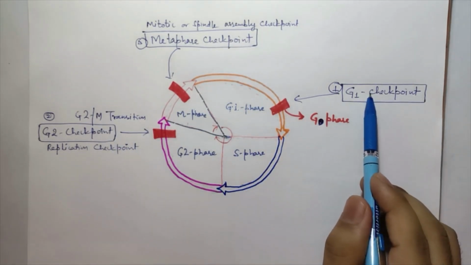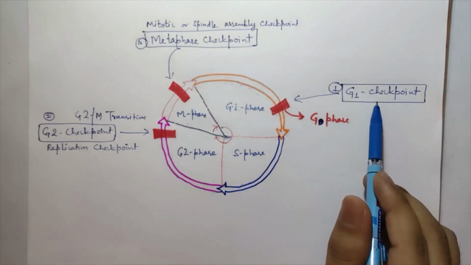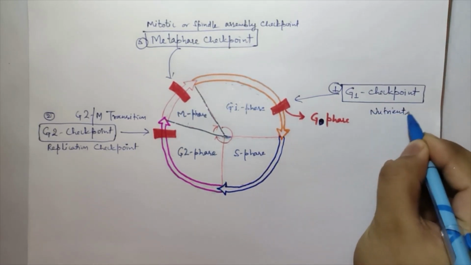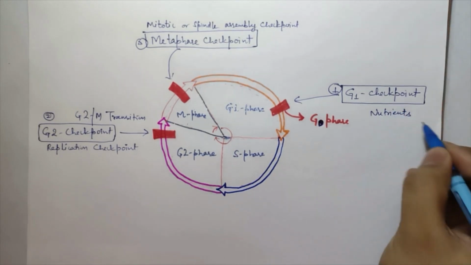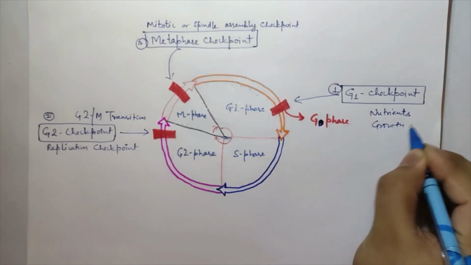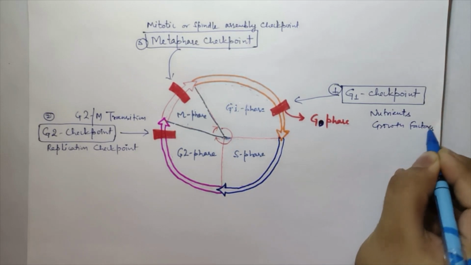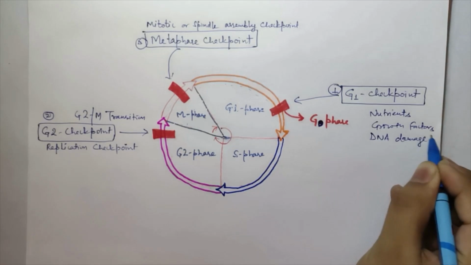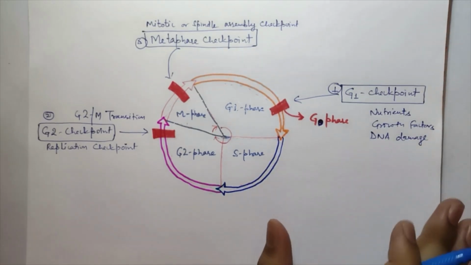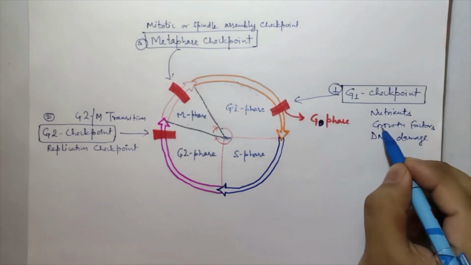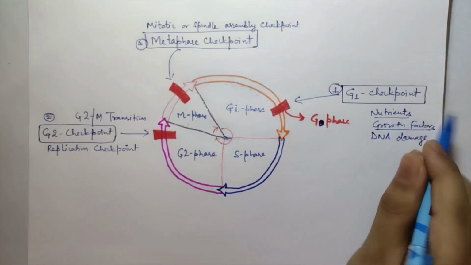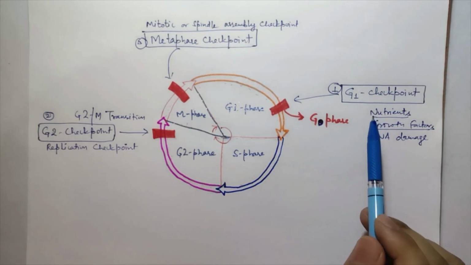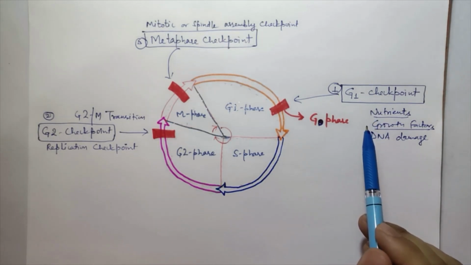So these three are the fundamental checkpoints. In the G1 checkpoint, what happens? It checks for nutrients, growth factors, and DNA damage. Here various mitogenic factors, including growth factors and other nutrients, integrate with the cell cycle and make the decision whether the cell should proceed, pause, or exit from the cell cycle.